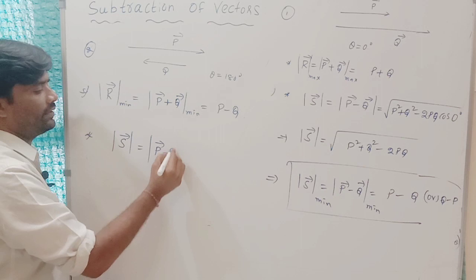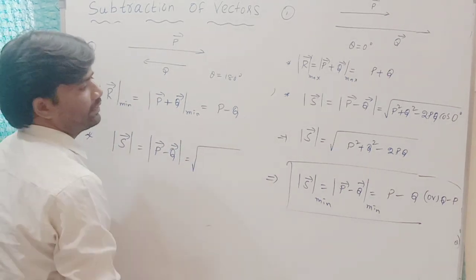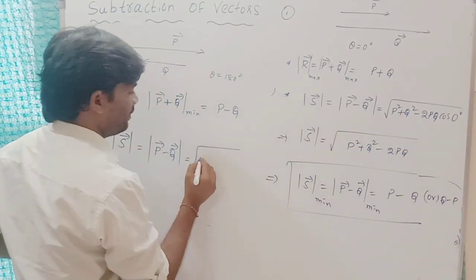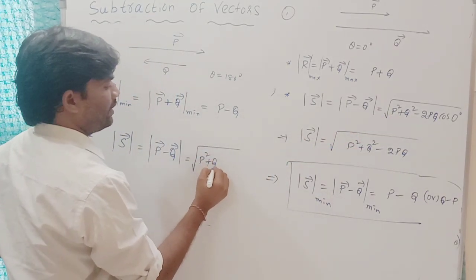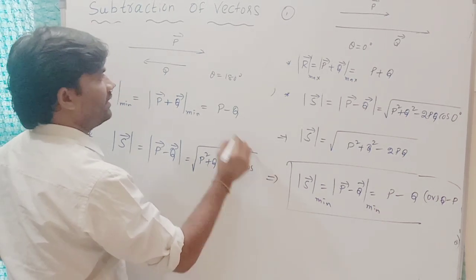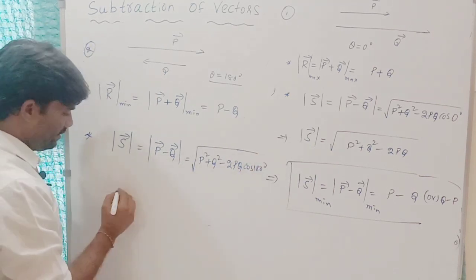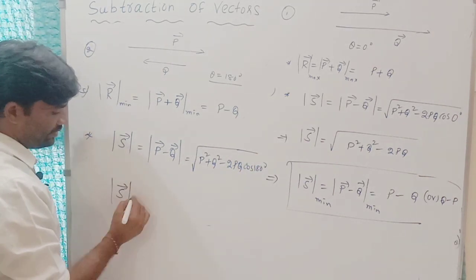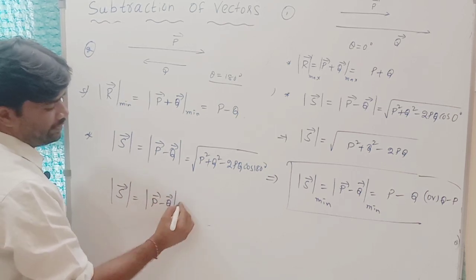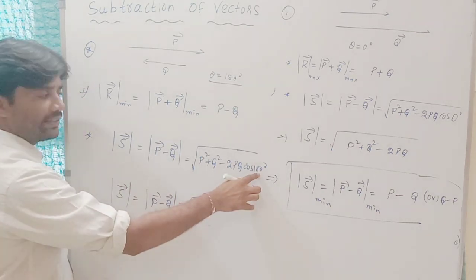Now magnitude of S when two vectors are antiparallel, this S value is, S is what? The vector difference of P and Q. So this is equal to root of, the formula is what? P square plus Q square minus 2PQ cos theta. What is theta here? 180 degrees. Now this S value is root of P square plus Q square, with cos 180 equal to minus 1.